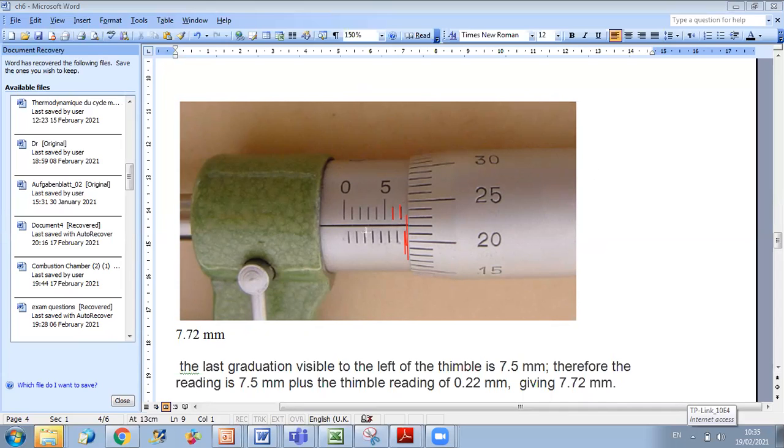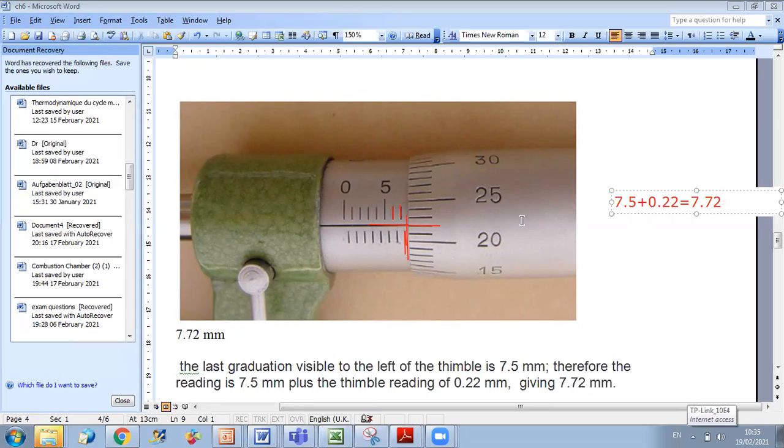Plus what? I look at the perfect match between this line and the symbol line. So it is 20, 21, 22. So I am reading now 7.5 plus 0.22. Okay, I get equal to 7.72.